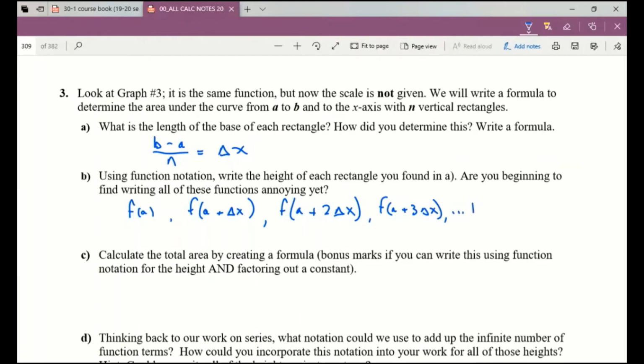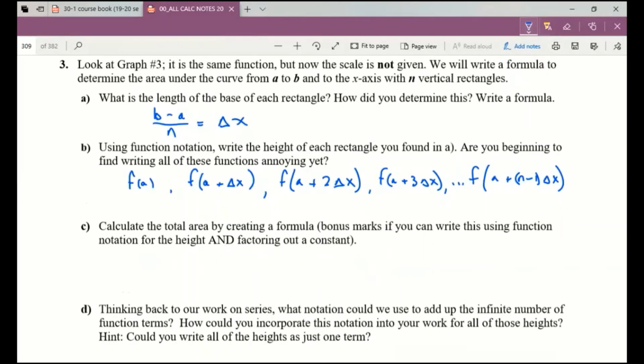Our last one ends up being not n, it's the one before n. So n minus 1 times delta x ends up being our last height. Just like in our last question, we didn't use f at 5, we used f at 4.5 for the height of our last rectangle.